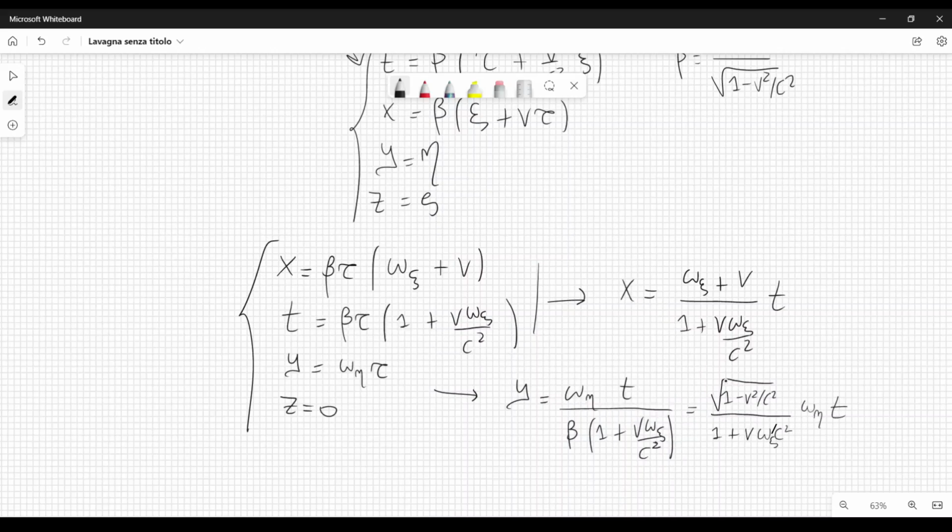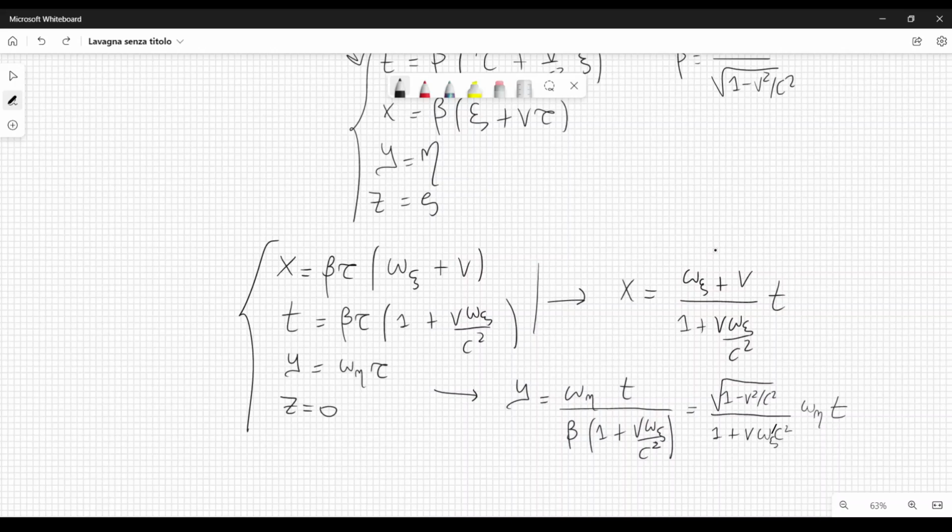Now the law of the parallelogram is still valid, just like in classical mechanics, if the speed of light is much larger than v and omega xi, because in that case this ratio here will give us approximately 1, so y will be approximately equal to omega eta times t, and the denominator here will be close to 1, and therefore we are left with omega xi plus v times t, like that.